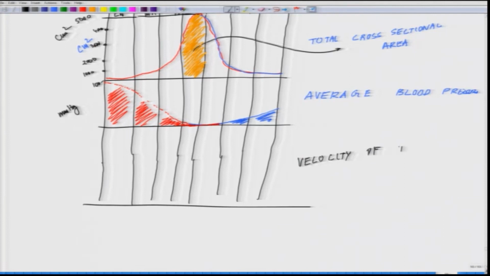The velocity of the blood flow in terms of centimeter per second, if I say this is 30, so 30 centimeter per second, this will fall down like this, and there will be a slight increase, but not a whole lot.